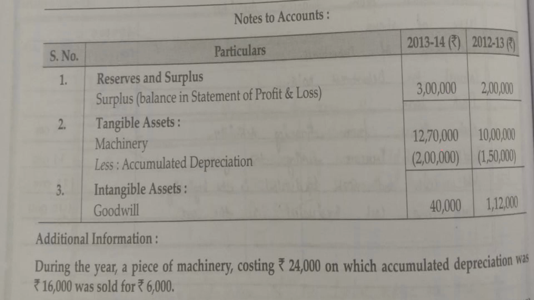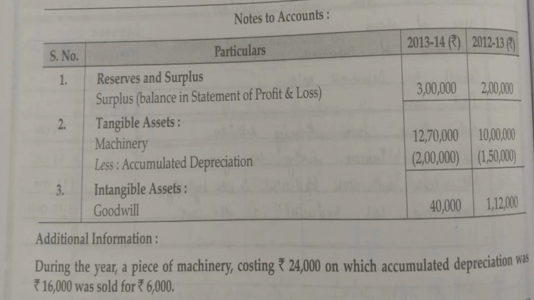Now going into the tangible assets, the detail given here is it consists of machinery less accumulated depreciation. And also if you look at the additional information, there is something related to the machinery. So they have said a piece of machinery, the cost of which was 24,000 and on which accumulated depreciation was 16,000, was sold for 6,000.